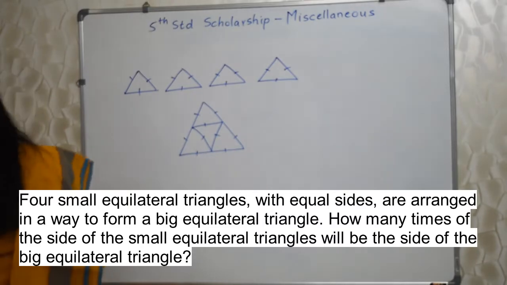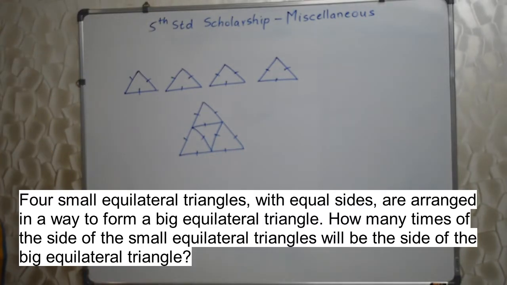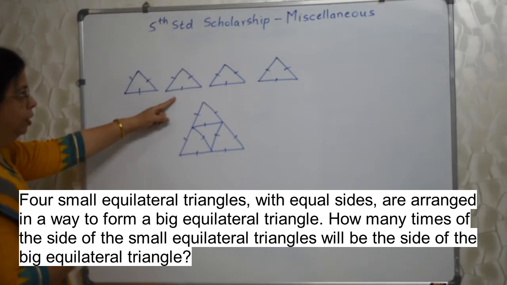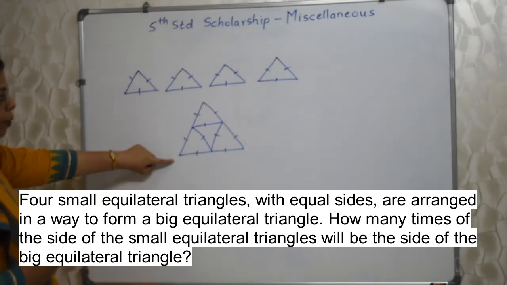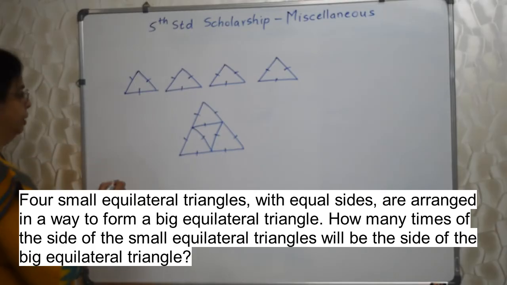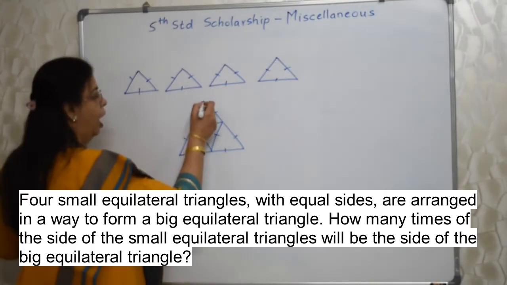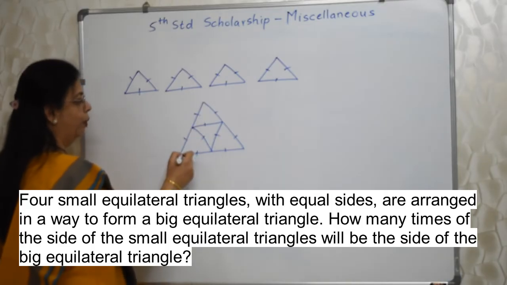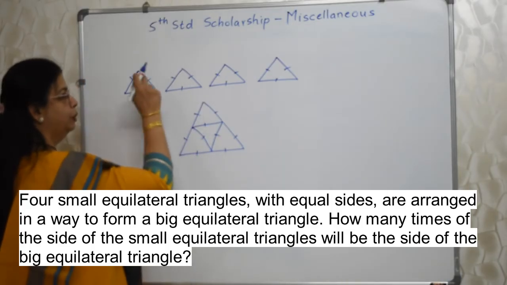So what is their question? They are asking how many times of the side of the small equilateral triangles will be the side of the big equilateral triangle. Here you are supposed to read the question properly, whether they want us to compare the small triangle with the bigger one or the bigger triangle with the smaller one. That may change your answer. Here they are asking how big this side of the bigger equilateral triangle is as compared to the smaller one.